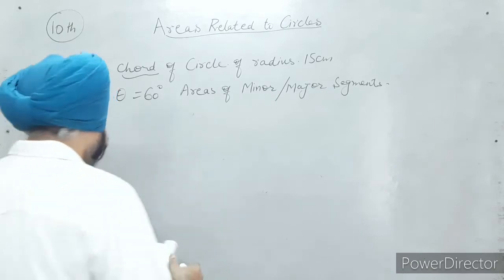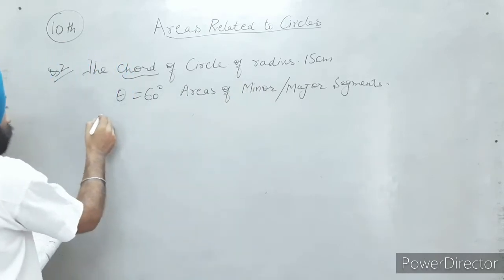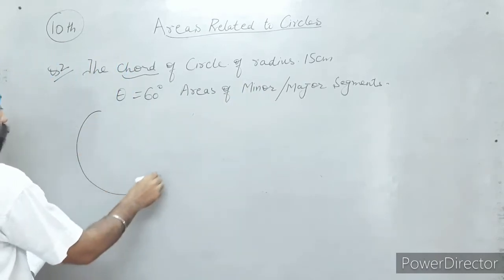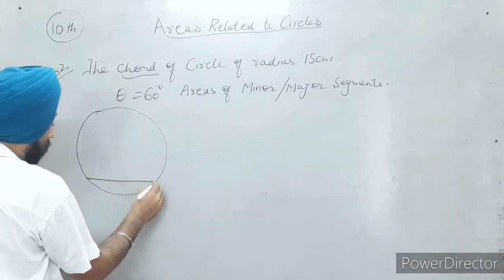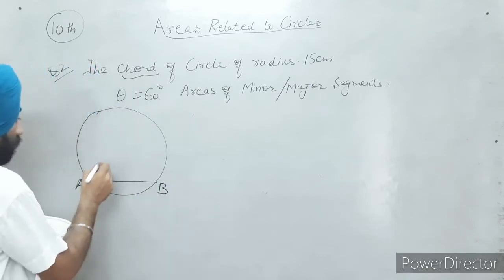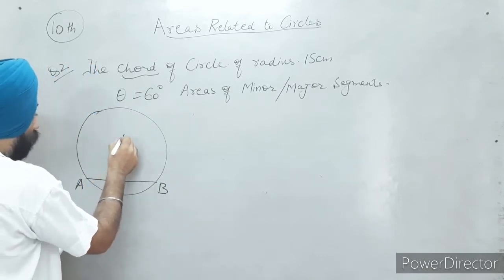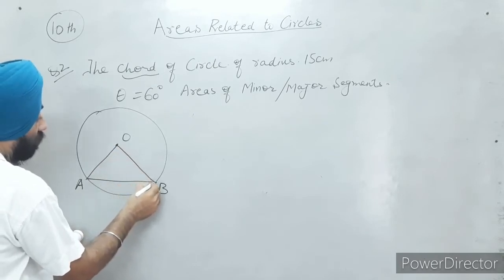Now let me draw the figure. The chord of a circle of radius 15 centimeter. This is the figure now. Let the chord be AB, and this is the center O. Let me join OA and OB.